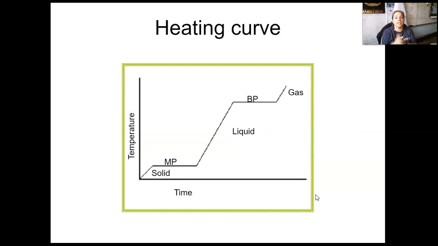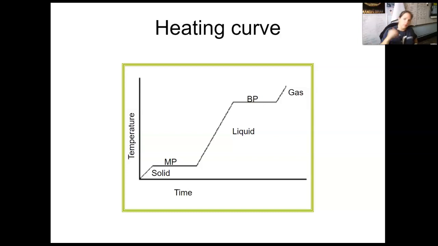One way we can look at different phases is the heating or cooling curve, depending on which way the line's going. So as time goes on and temperature increases, it switches from a solid to a liquid to a gas. And you'll notice there's this big flat when it's changing from a solid to a liquid, from a liquid to a gas.